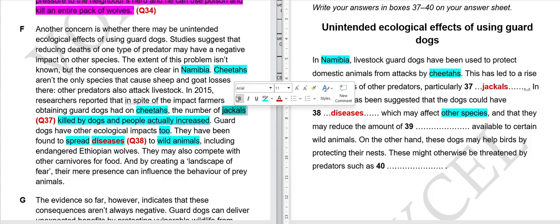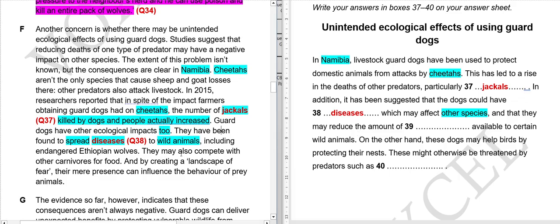Just 1 second, guys, so that you will be able to identify the answers later. Okay, and they may reduce the amount of dash available to certain wild animals. So here the keyword is they may reduce the amount of something. Let's see what they reduce.